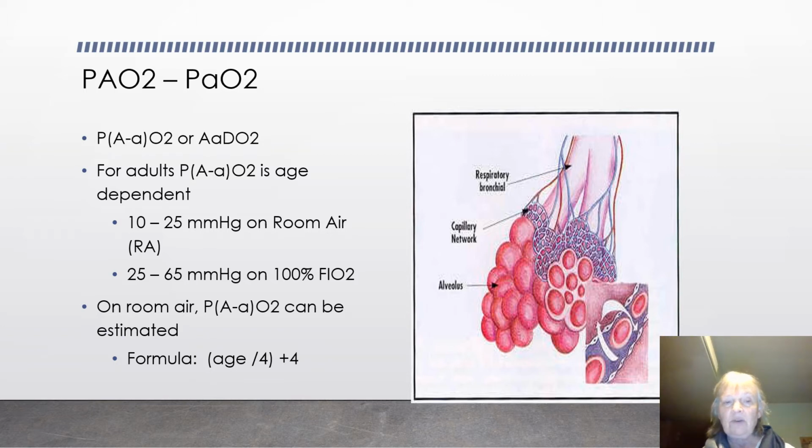That should be the difference. On 100% oxygen, somewhere around 25 to 65 millimeters of mercury at that particular point. And we can sort of estimate, if we estimate, we're estimating on room air, and you can see the formula here is age divided by 4 plus 4, and that gives us an indication about how much of that should have gotten across.